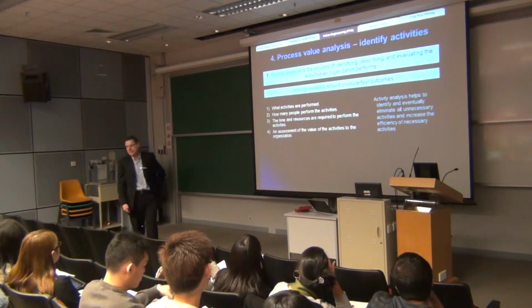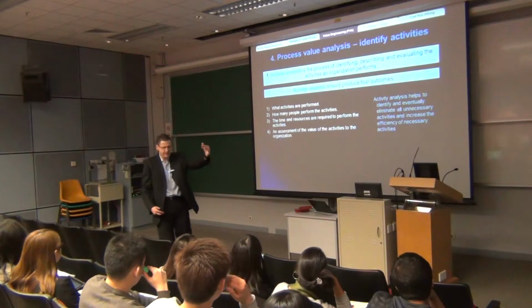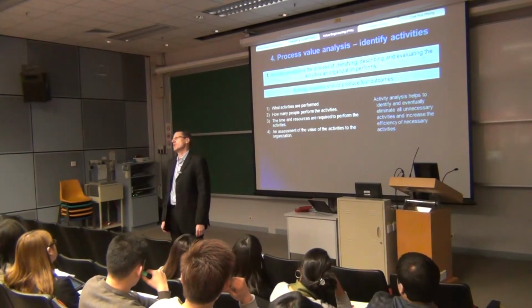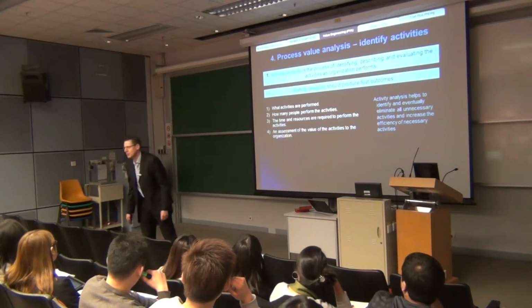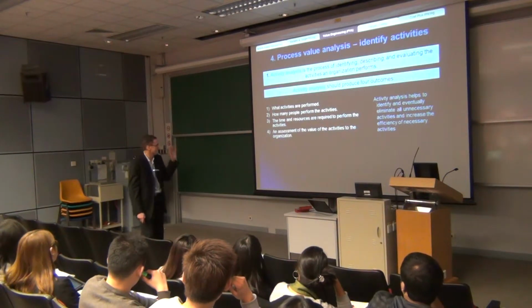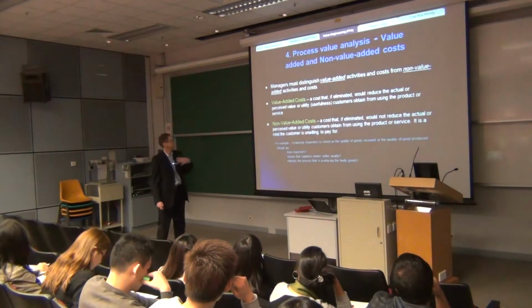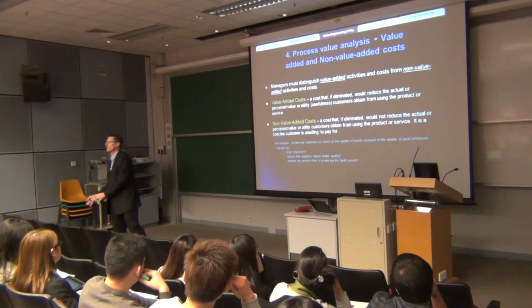So let's just simplify it for a moment, because if you give that list to a client, they're going to say, is this more gibberish? Is this more theory? Did O'Connor teach you that in MA2? No. Look, how about we simplify it? Tell us about your value-added costs and your non-value-added costs.